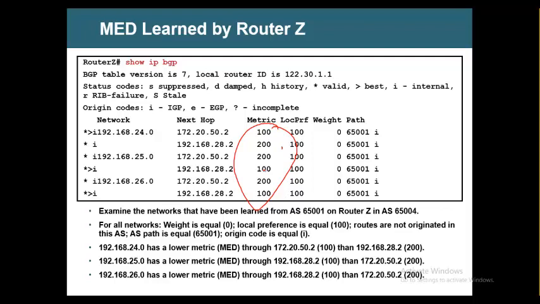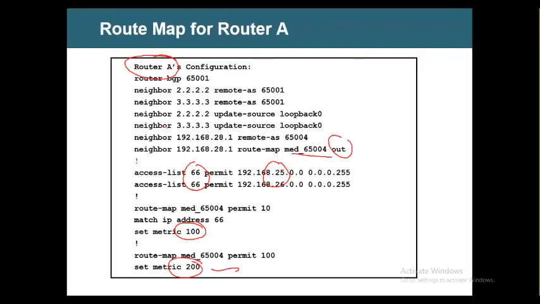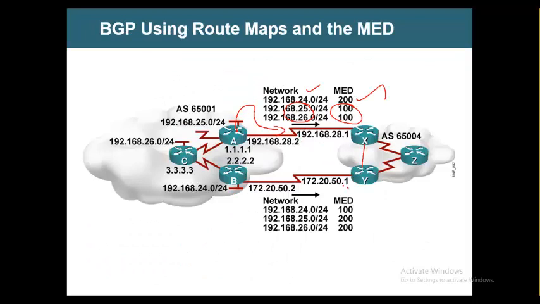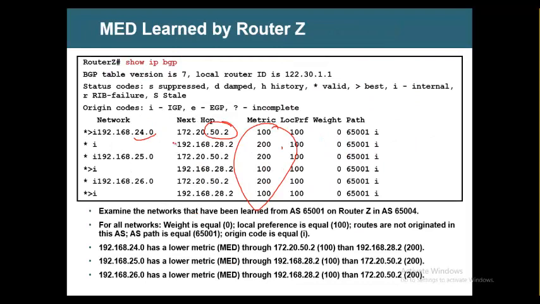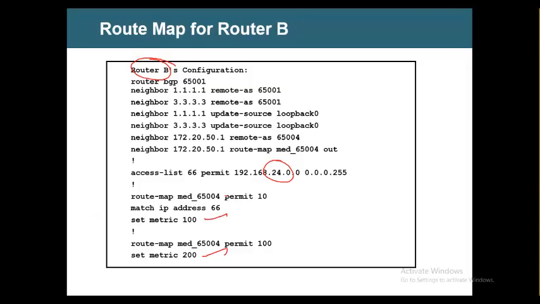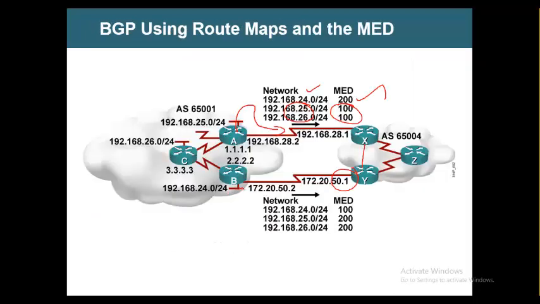Z says I'll go via 50.2, which is Y, for network 24, and for networks 25 and 26 I'll go via 28.2, which is X. Yep. So it is achieved.